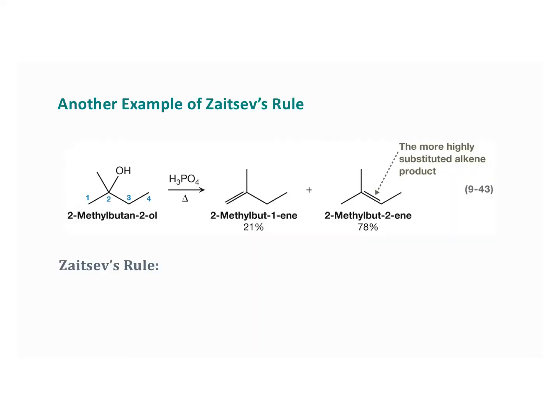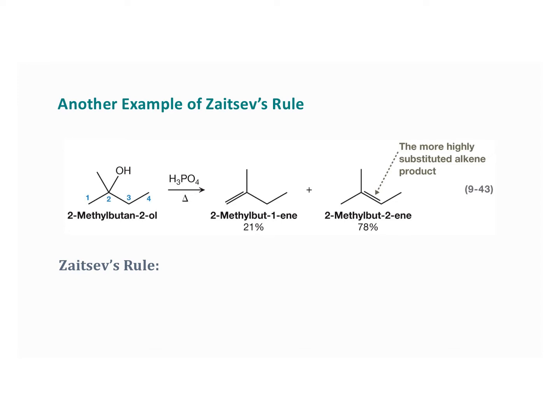Now, previously, we looked at equation 9.42, which was looking at an E2 reaction and regioselectivity, but we're also going to look at this equation, which is 9.43 in your book.